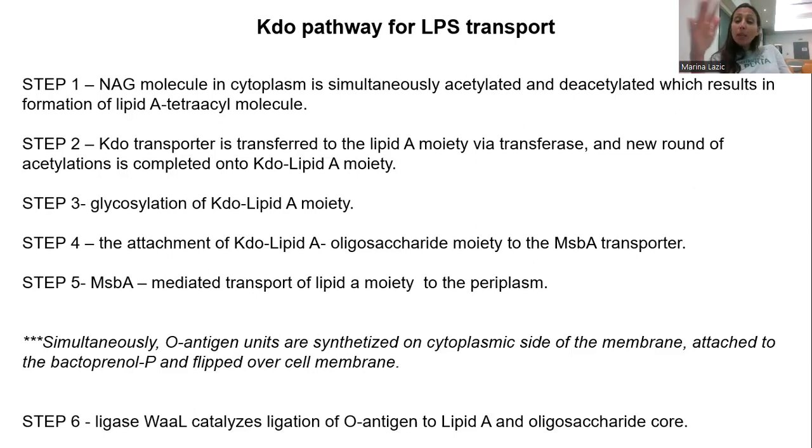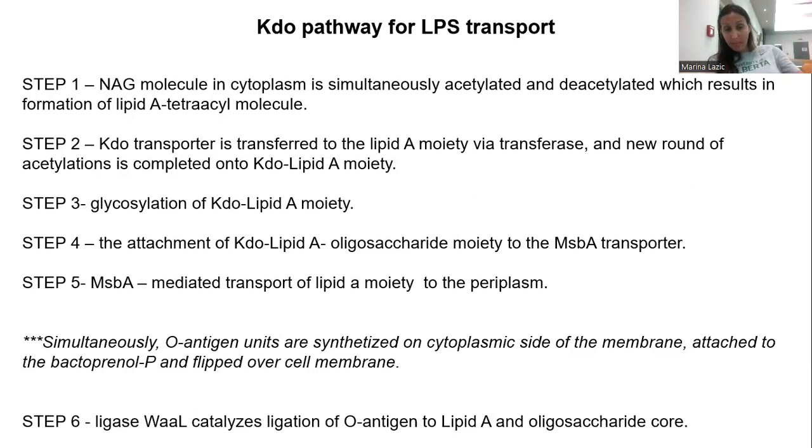NAG is simultaneously acetylated and deacetylated, and basically you have constant deacetylation, acetylation, and in the end, from NAG you get lipid A tetraacyl. Basically, addition and removal of acyl groups, and at the end you have four acyl groups attached to the molecule called lipid A.